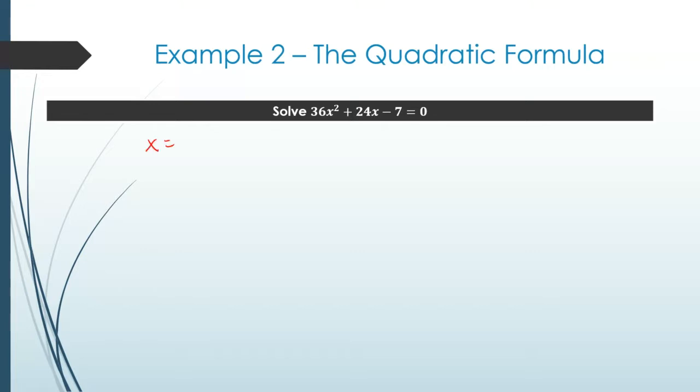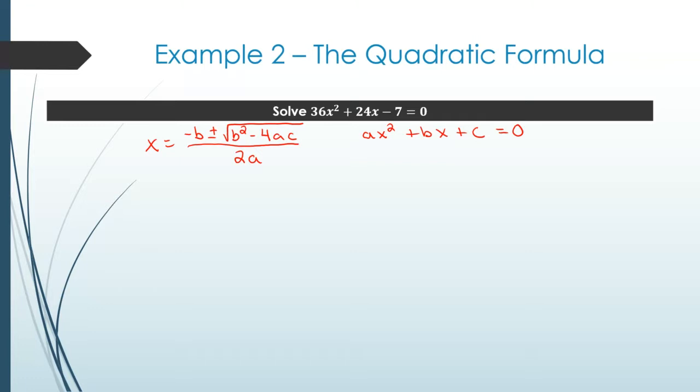x equals negative b plus or minus the square root of b squared minus 4ac, all over 2a. And then we have our equation, which is in the form ax squared plus bx plus c equals 0.